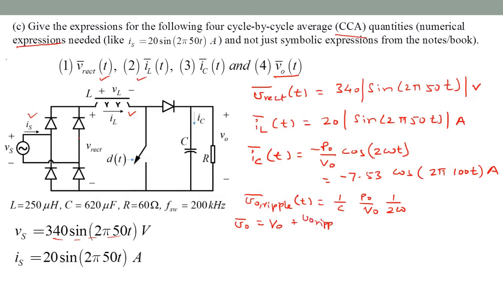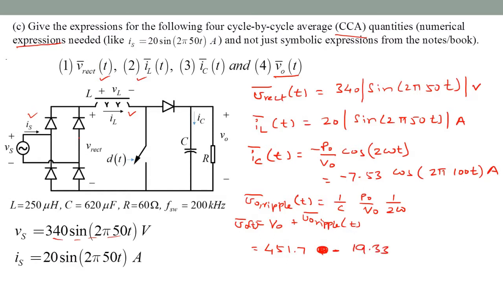Okay. This is VO as a function of time. So the final answer for the CCA of the output voltage would be the nominal 451.7 plus this calculated value, which comes out to be, actually, negative 19.33 sine.